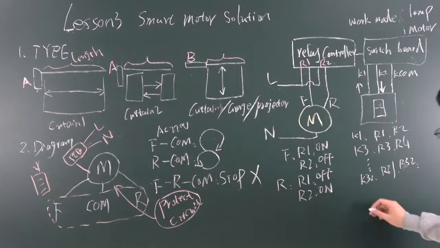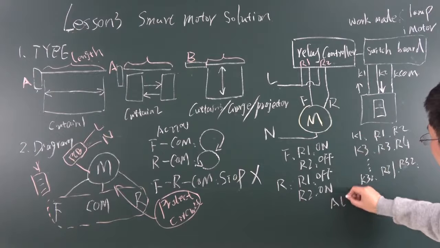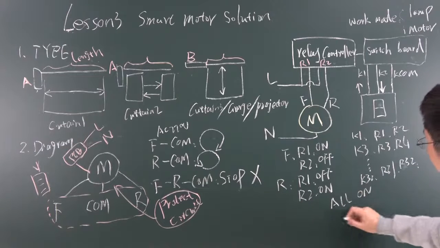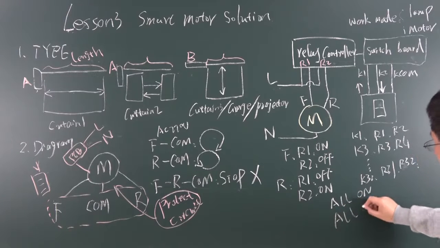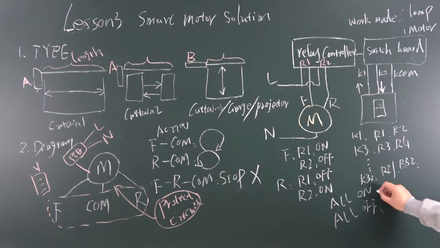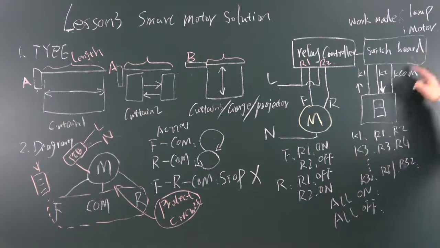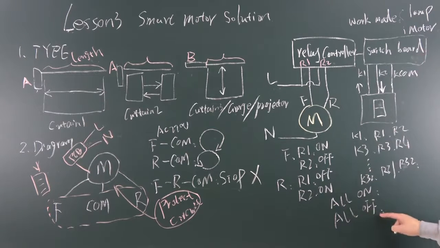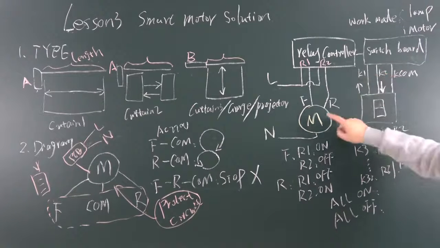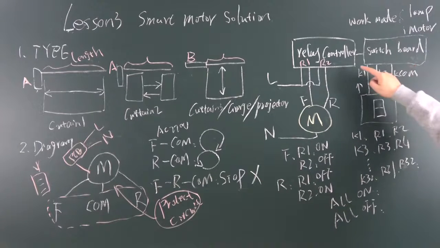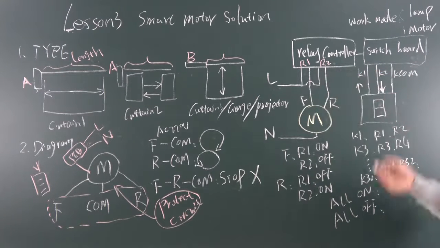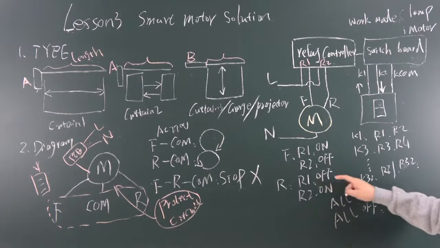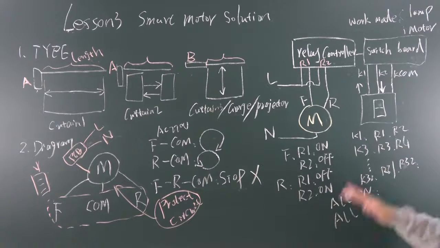And if you use the all on and all off, because the switch terminal board has all on and all off. So this time, when you press all on, all motors connected to the relay controller will be on, and all off, every 2 relays will be off.